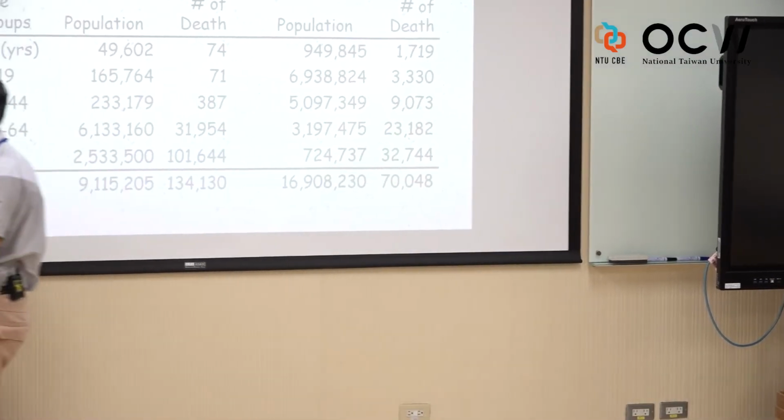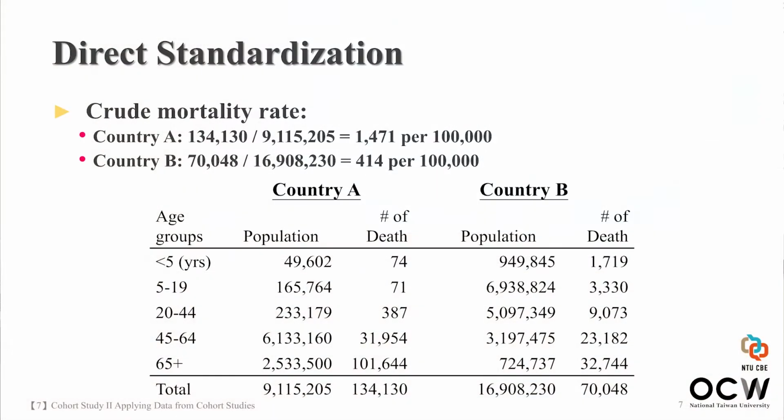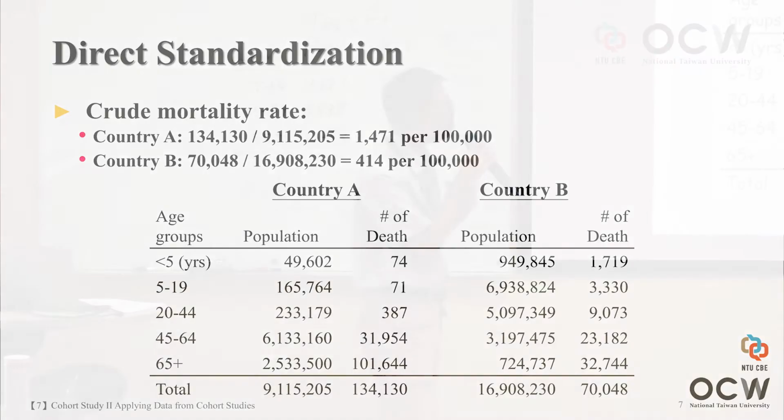So if we just perform the calculation of the crude mortality rate in country A, we find that the crude mortality rate was 1,471 per 100,000. And for country B, it's 414 per 100,000.